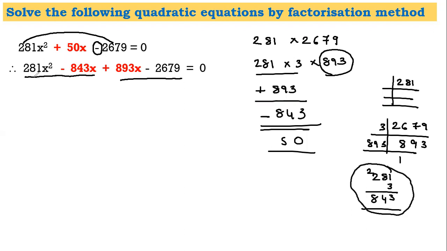So what I can do is, if I take 281 common from both the terms, what remains is 3. So basically what I will do is 281 and x common from both the terms. 281 and x has come outside the bracket. Within the bracket here will be x minus 3, because I have just multiplied it here, and x is already outside the bracket. So x minus 3. So let us be smart now.